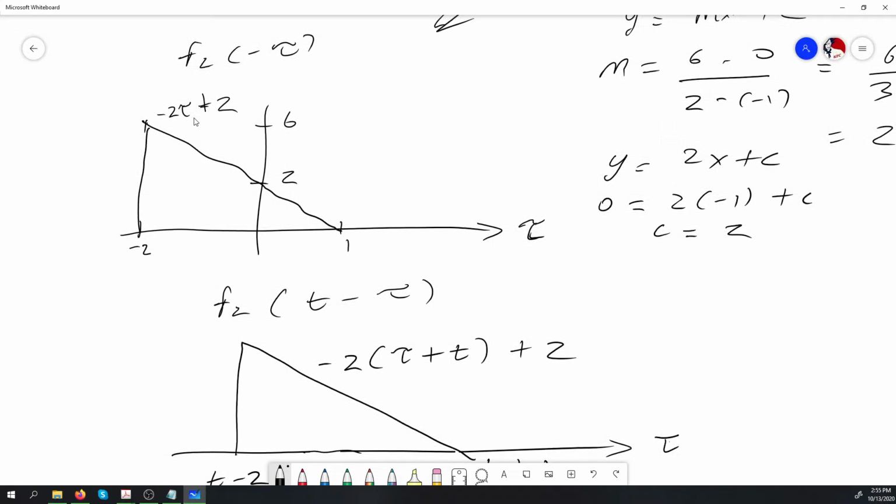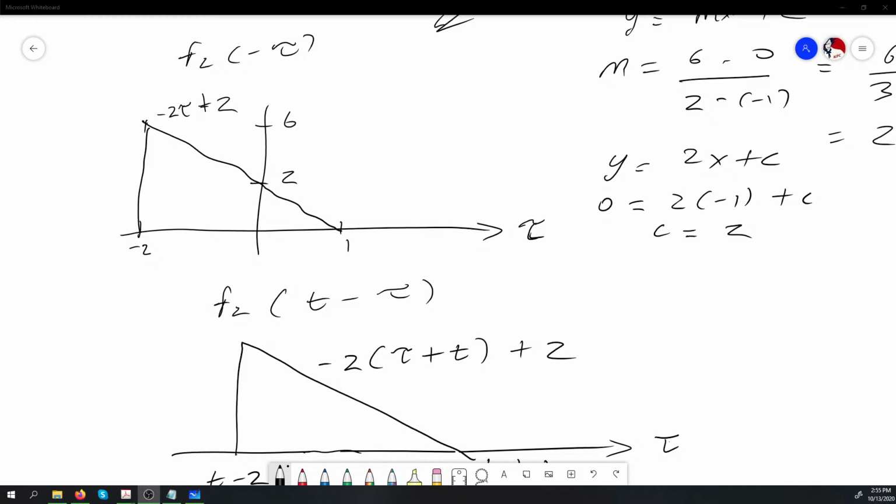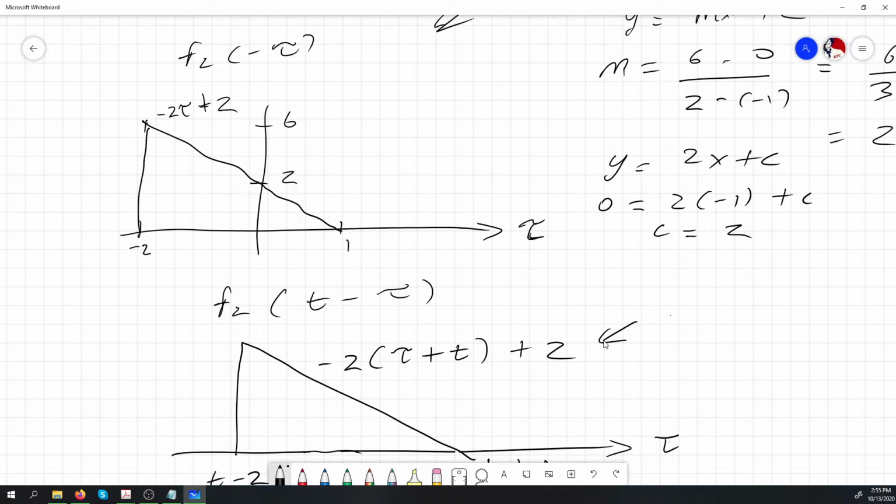You're wondering why it's minus 2 tau plus 2, why does it become this value instead of minus 2t minus tau? So when you expand this out accordingly, this is going to be minus 2 tau minus 2t plus 2.